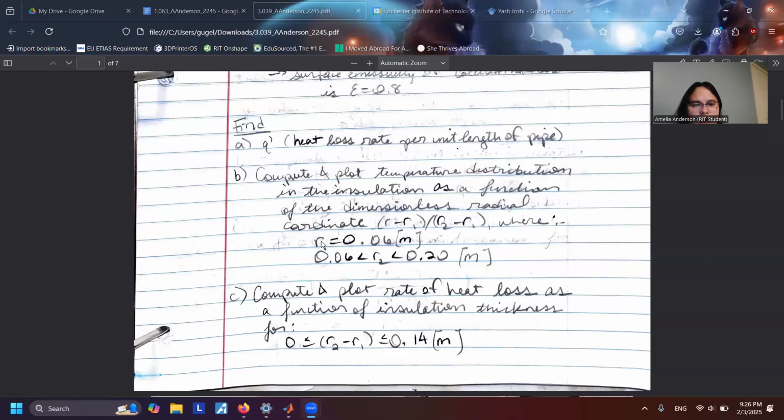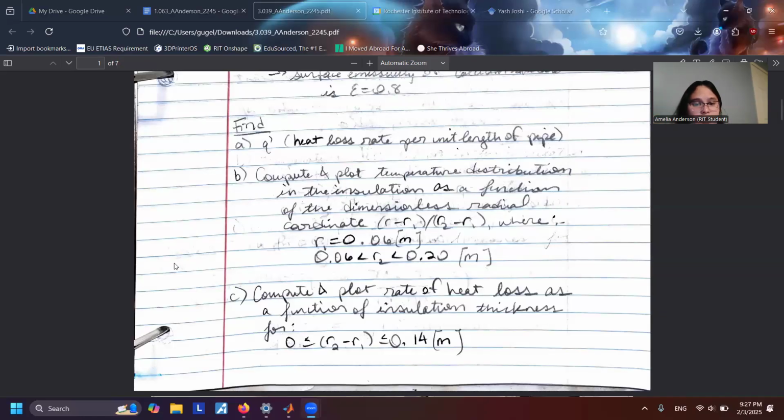Whatever radius we have that we know is between R1 and R2, we're going to subtract R1, the smaller radius, and divide that by the largest possible distance, which is R2 minus R1. So regardless of what R2 is, we're expressing this as a fraction of the distance between R1 and R2. Instead of saying 0.14, which could be somewhere in here, we're just going to say this is 0, this is 1, and it's somewhere in the middle.